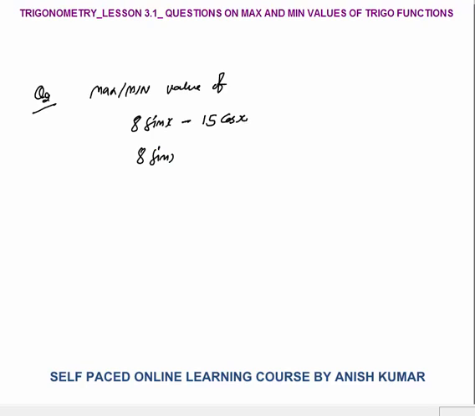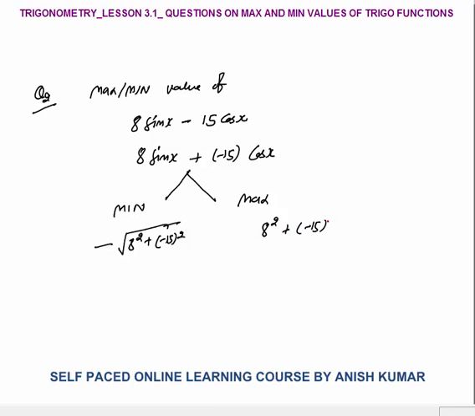Can I say I can write this as 8 sin x plus minus 15 cos x. Now its minimum value here, the c is not there, so minimum value would be minus of the root of 8 square plus minus 15 square, and the maximum value would be the positive of this. 8 square plus 15 square is equal to 17 square, whose square root would be 17.